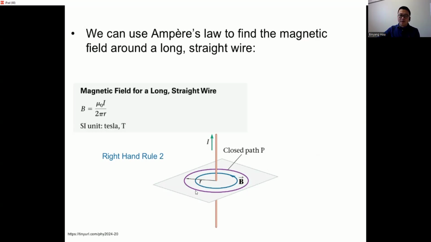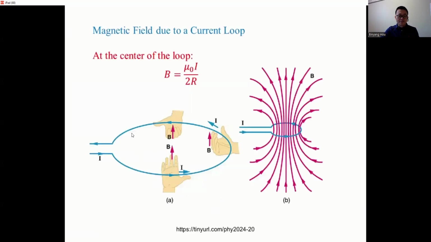That's right hand rule number 2, and the one we talked about earlier for the direction of the magnetic force is right hand rule number 1. The B field is mu naught I over 2 pi r. So if you are further away from the current, you get a smaller magnetic field, okay? And it is proportional to the current I.